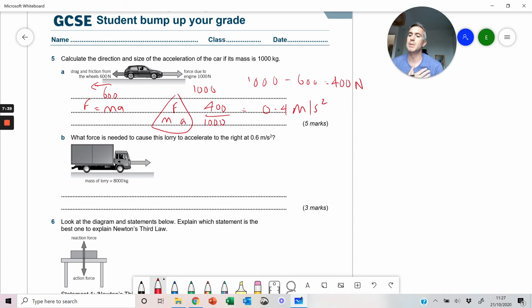Boom. What is the force needed to cause the lorry to accelerate to the right? 0.6 meters per second. That's F equals ma again. So we have 8,000 newtons multiplied by 0.6. Can't do that in my head. It is a force of 4,800 newtons.